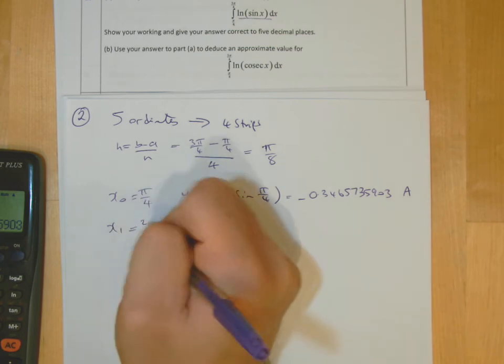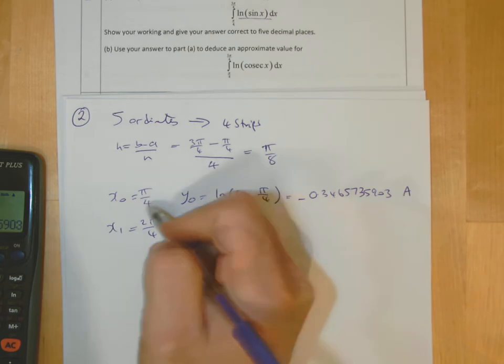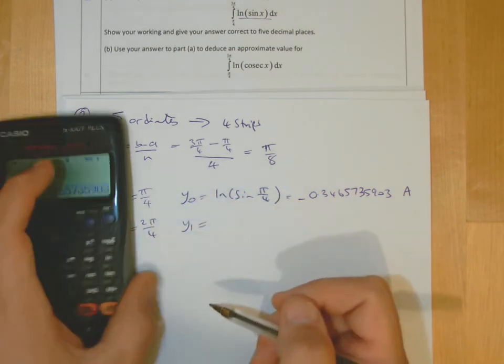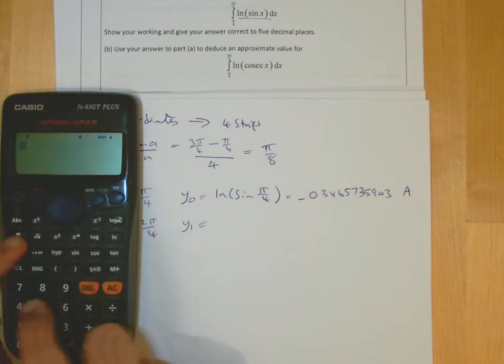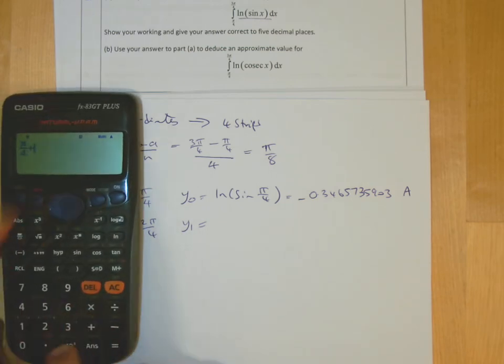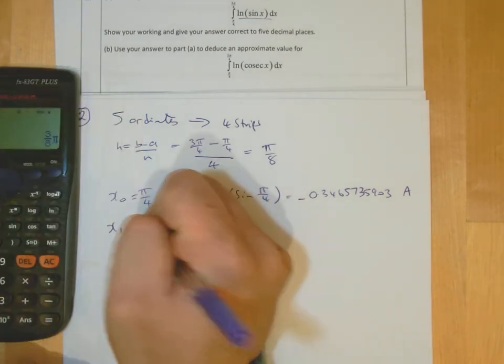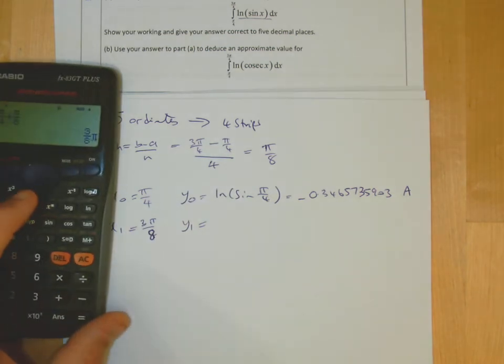X1 then will be another pi by 4, so 2 pi by 4. Oh no, sorry, I need to add pi by 8 onto that. Let's have a look what that's going to be. Pi over 4 plus pi over 8, so 3 pi over 8. It's not so straightforward, that isn't.